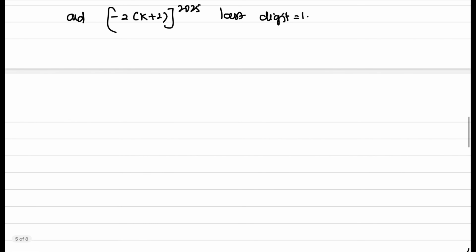Now, the last digit of minus 2k minus 4 should be 1. Then how to find out this particular determinant?